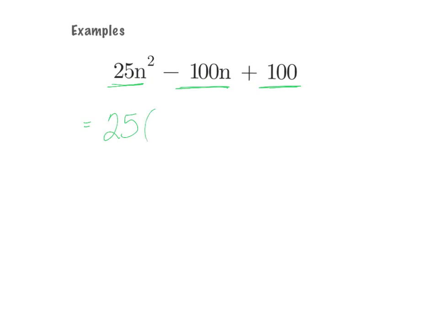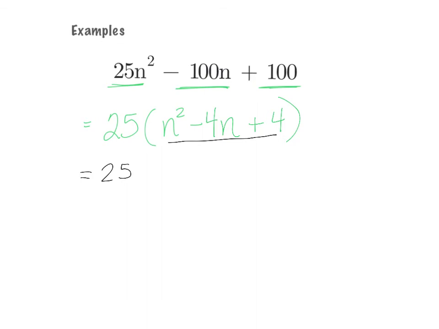So 25 times the quantity n squared minus 4n plus 4. Okay, once we've done that, the 25 is just a monomial, so it's not going to factor any further. So we'll just bring it down, but we're going to see if we can factor this.